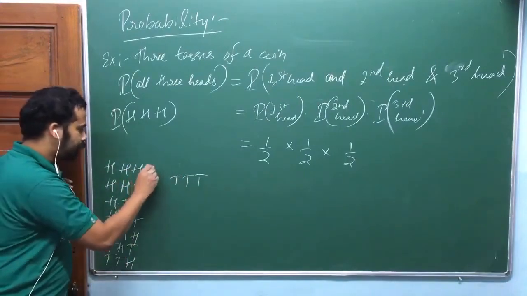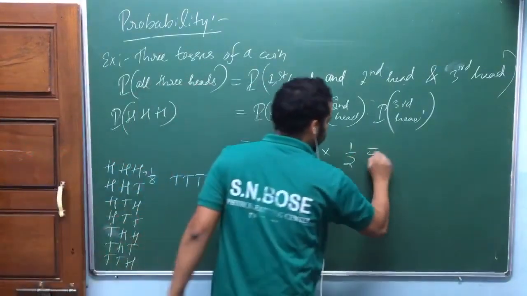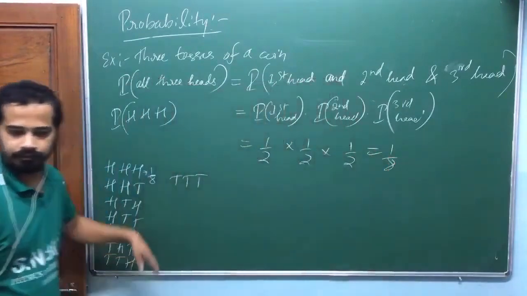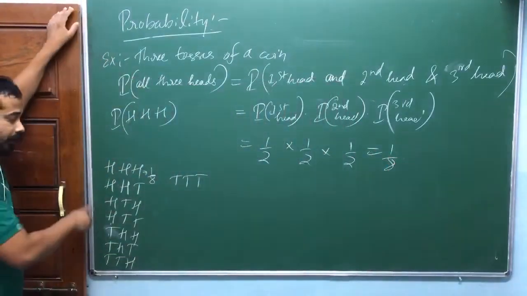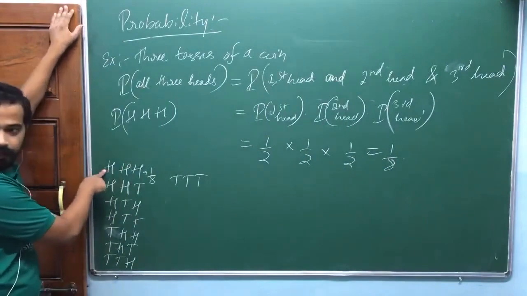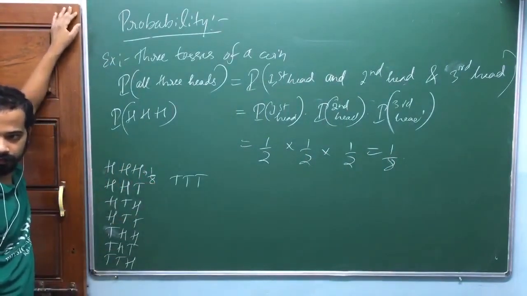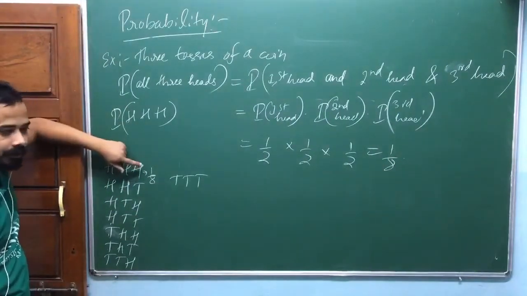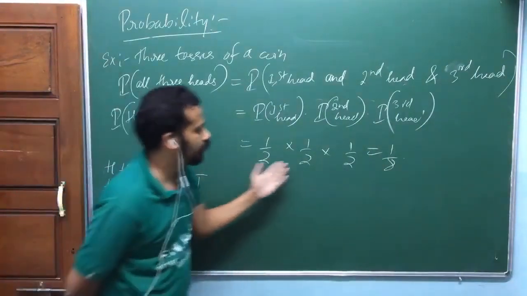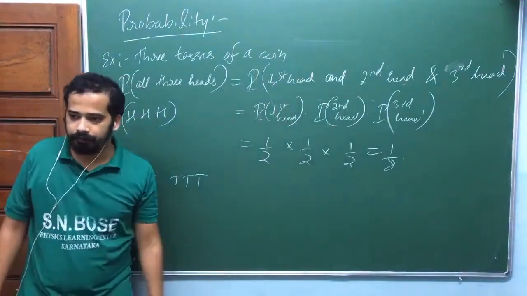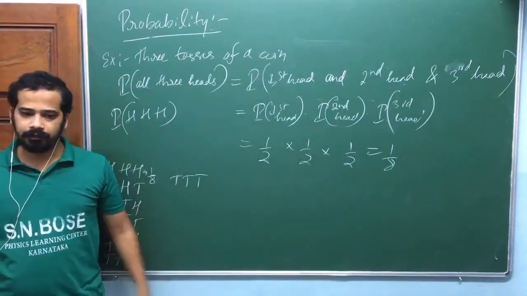That's why this should be also 1/8. This is what you got here. Again, I went for sample space to find its probability. Only one is favored out of total 8 possible outcome. That's why 1/8 is the probability here. Now here I have used that theorem. Is that okay? Both will give the same answer.